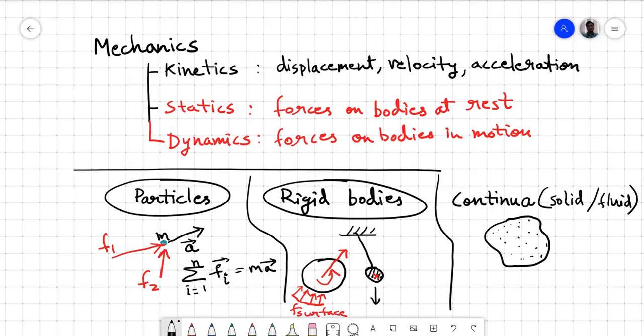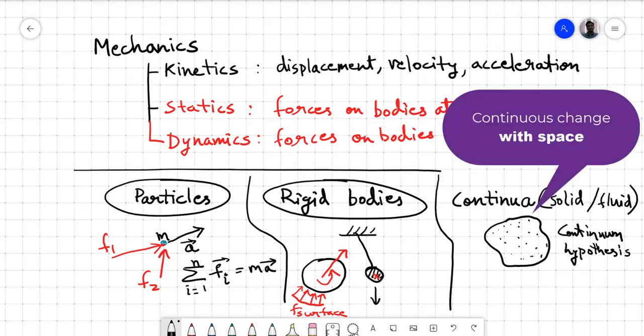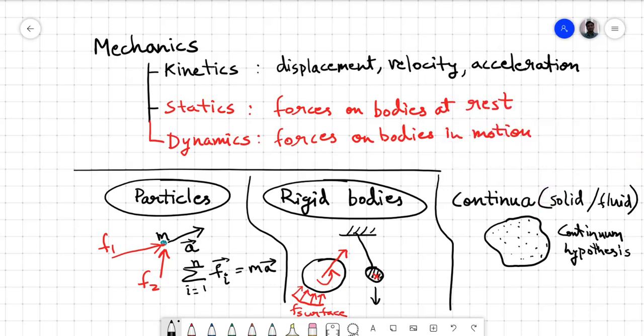So no matter how far we zoom into this solid or fluid body, we will always have a continuous change in properties. There are no molecules here. Okay, this is the assumption. This is the hypothesis, so this is also known as the continuum hypothesis, that there is a continuous change in the properties of the body. This hypothesis is valid if we are in the macroscopic regime.